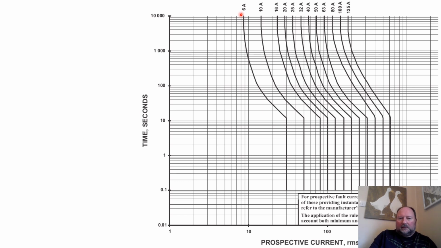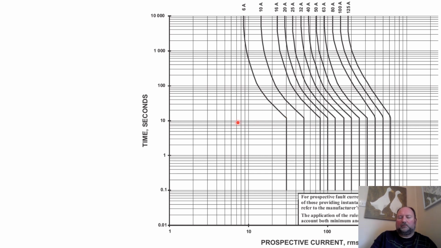Think about the curved line. You can see how as we increase in current, the time decreases. The reason for that is because as the fault current increases, it will heat up the bimetal part inside the circuit breaker. The more the current increases, the more it will warm up, and the quicker it warms up, the quicker it disconnects.